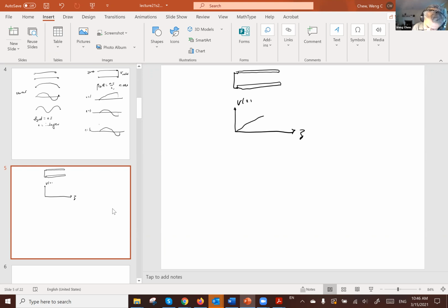The voltage should be 0, and then will be maximum where the thing is open. Then the current would behave the other way around. The current would be the maximum on the left side because it's a short circuit, and then it goes to 0 on the right hand side because it's an open circuit.